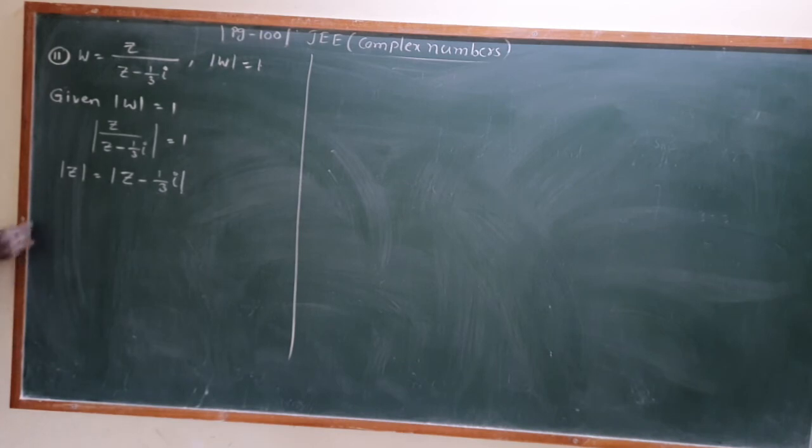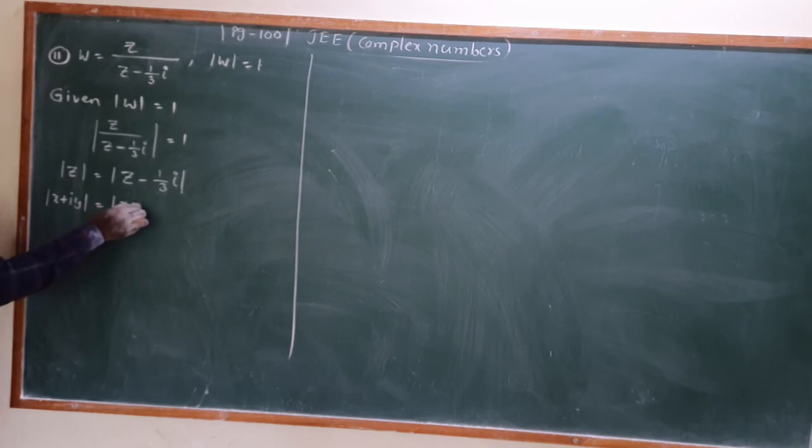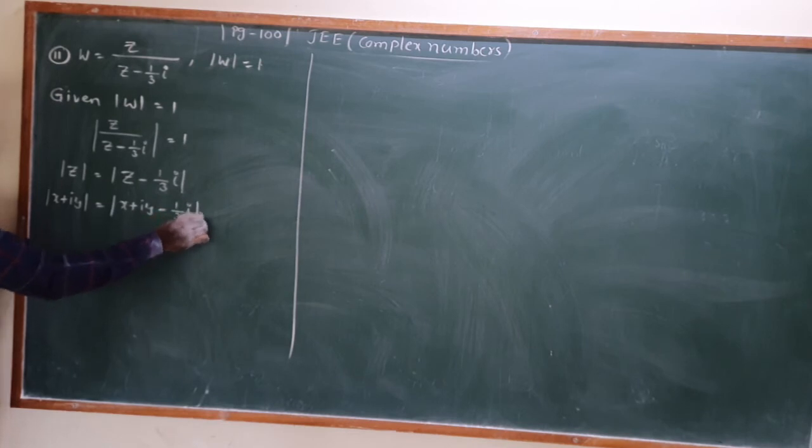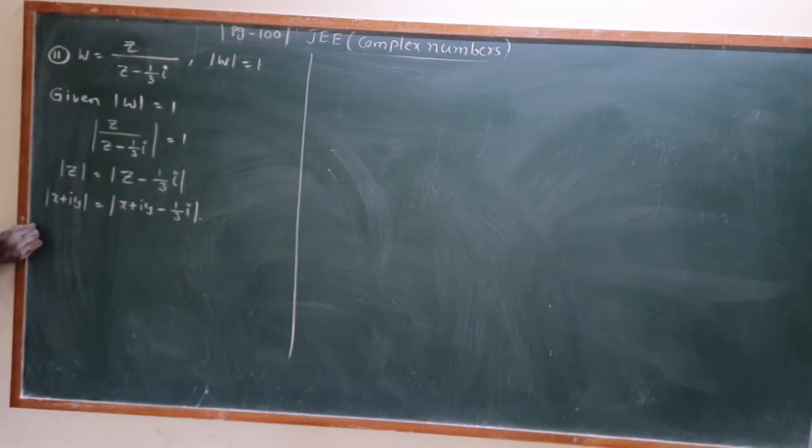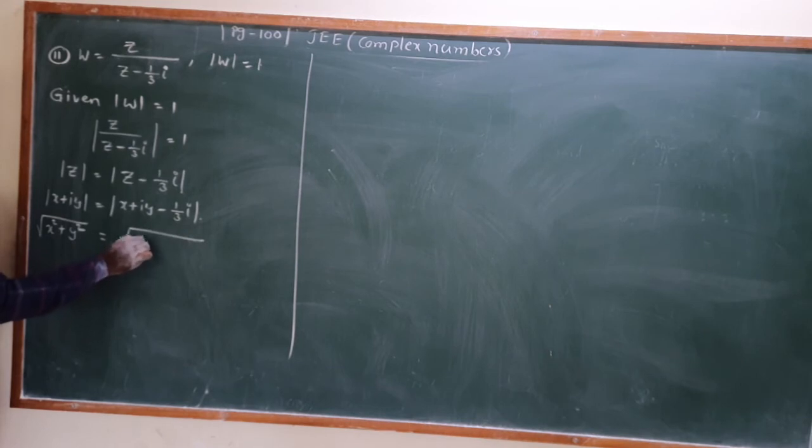In place of Z I can substitute the complex number x plus iy, here also x plus iy minus 1 by 3i. What is the modulus formula? Under root of real part square plus imaginary part square. Here, under root of real part square plus imaginary part y minus 1 by 3 whole square.